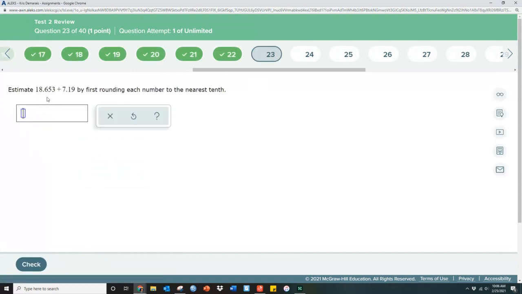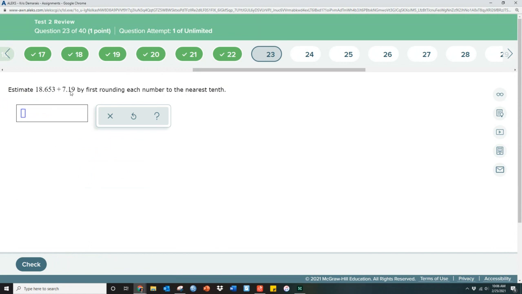All right, now this one comes from the last lesson we just did, obviously. So we're rounding to the nearest 10th first. So it's 18.7, because it's a 5, so we're going to raise that 6 to 7. So it's 18.7, and then it's added to 7.2.